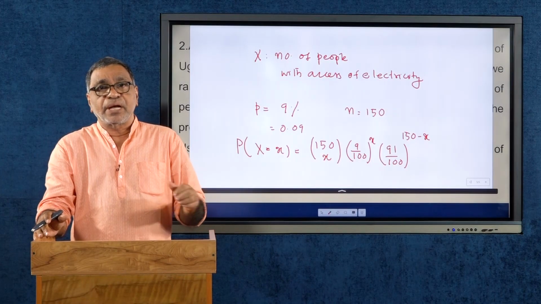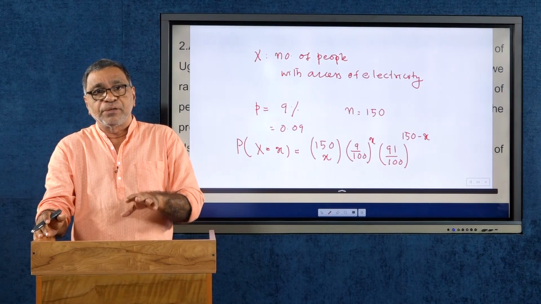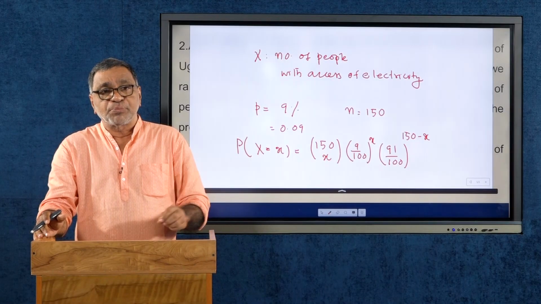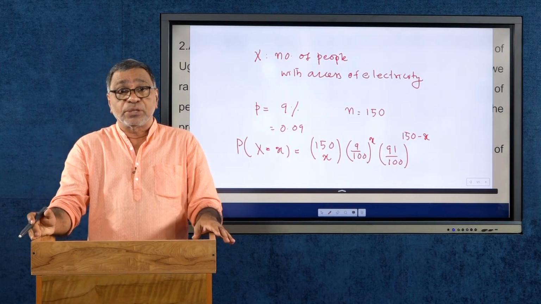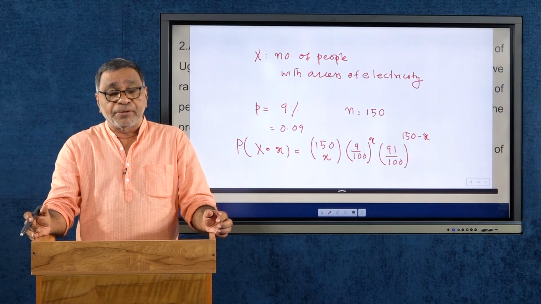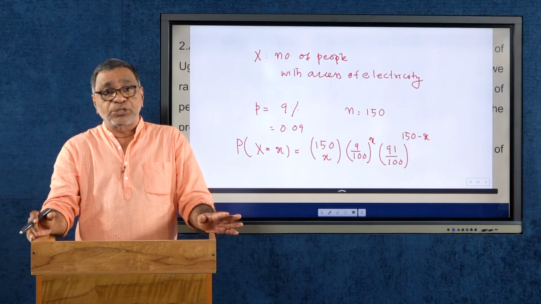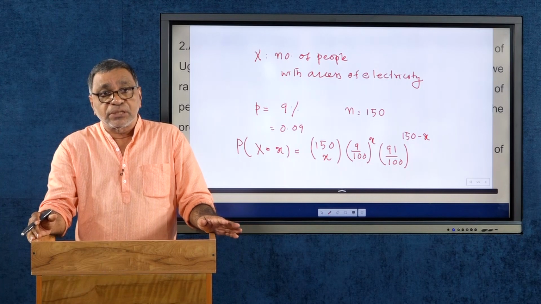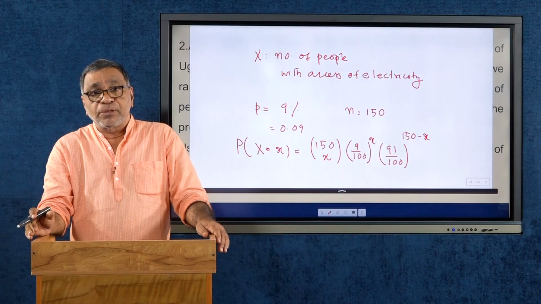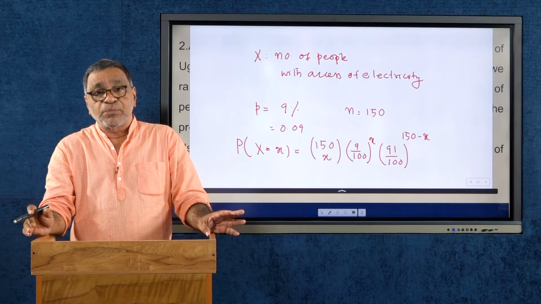Of the population, 9% have access to electricity, so we know the proportion, which means the probability of success is known to us. Suppose we select 150 people from that population. What is the probability distribution of x? The probability that X equals x is 150 C x, (9/100) power x, (91/100) power 150 minus x.